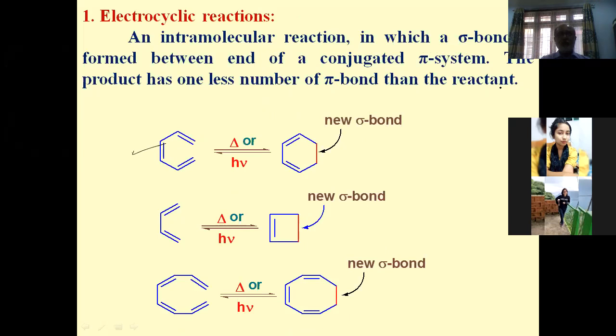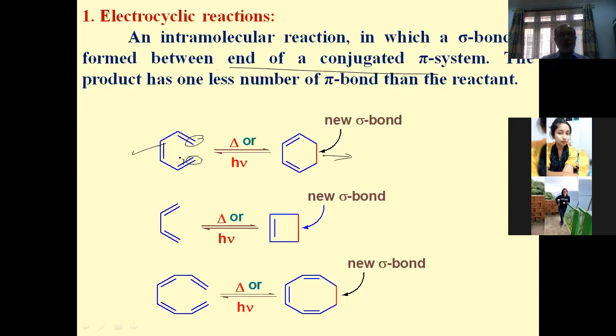A sigma bond is formed between the ends of the conjugated pi system. This is the end of the pi system here, and this is the other end of the pi system here. So it starts this way, and we have a new sigma bond formed here. This is the new sigma bond that has formed.